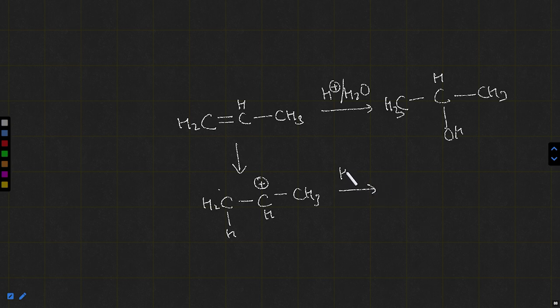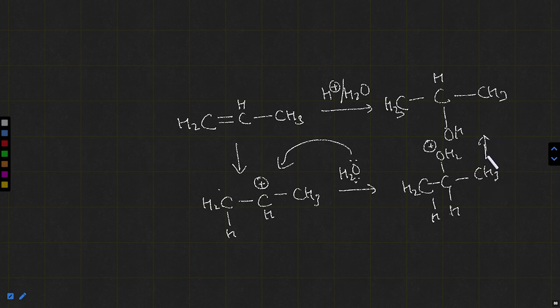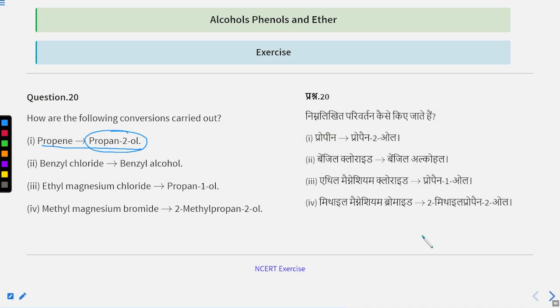Next, this H2O will attack in this position, giving OH2 with a positive sign. In the last step, this H on the OH2 will be deprotonated and H+ will be removed. That will result in a secondary alcohol.